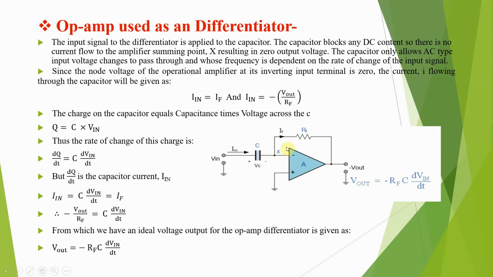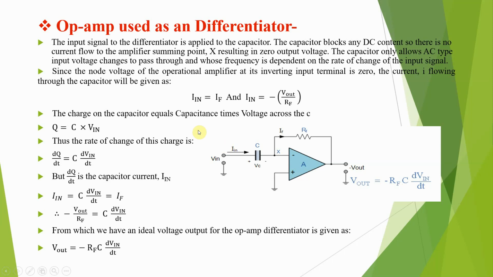Only the positions of resistor and capacitor are interchanged: the input signal is applied to the capacitor, connected in series, and in the feedback path there is RF, and the non-inverting terminal is connected to 0. Therefore, the output voltage is equal to minus RF into C dVin by dt. Why the minus sign? Because the input is applied to the inverting terminal.